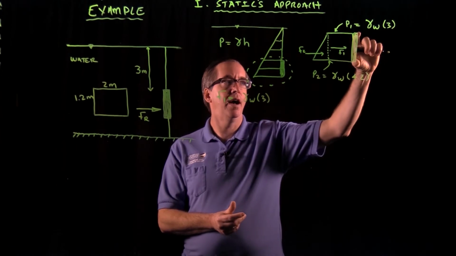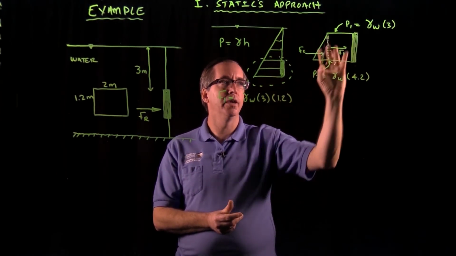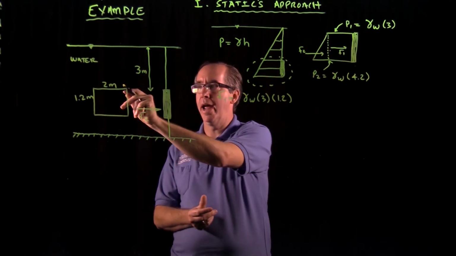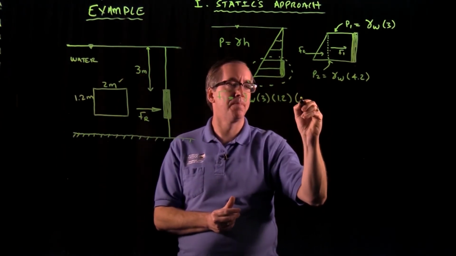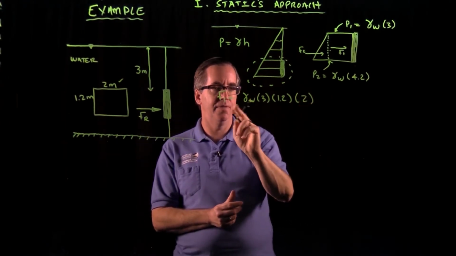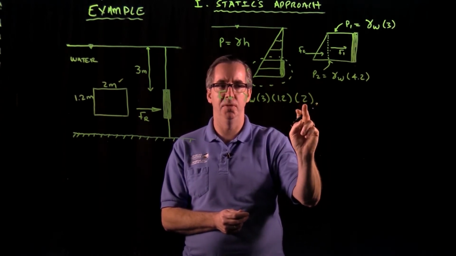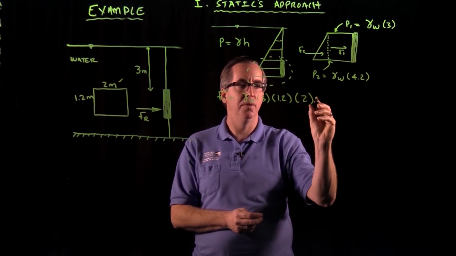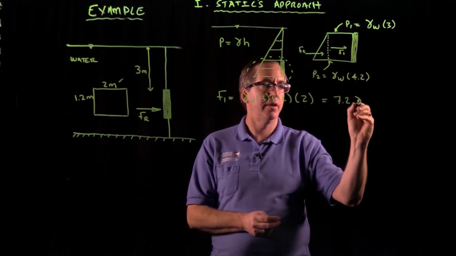It has a height dimension of 1.2, and then going into the board, it has a dimension of 2 meters. So F1 is equal to 3 times 1.2, which is 3.6, times 2, which is 7.2. So F1 is equal to 7.2 times gamma water.